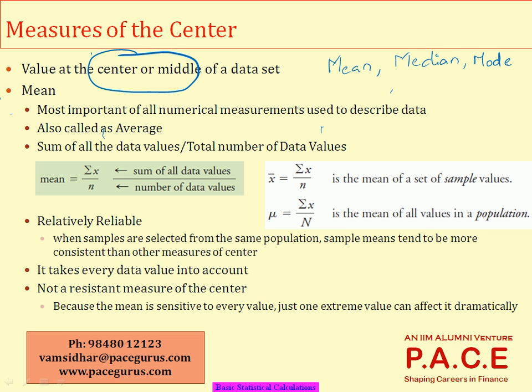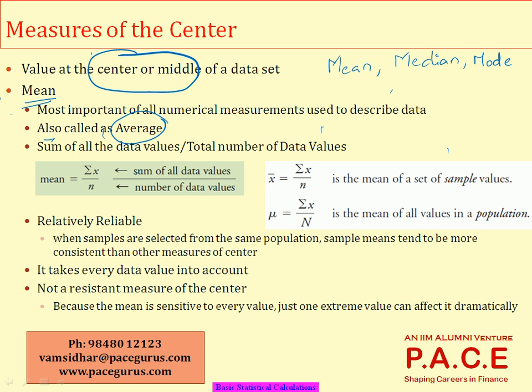And as we all know, mean is the most common out of those three, which people also call average. Average is nothing but the sum of all the data values.